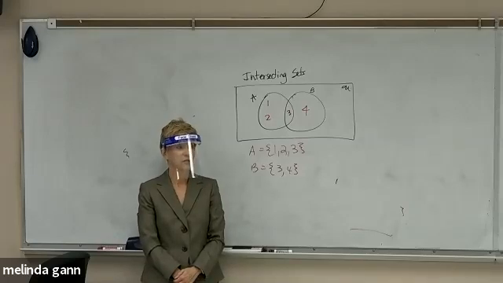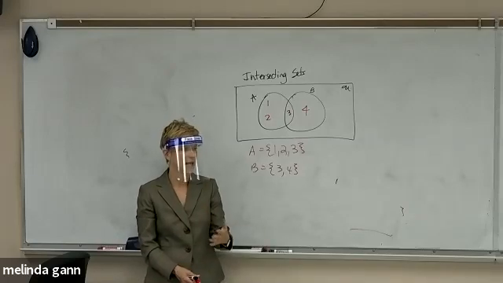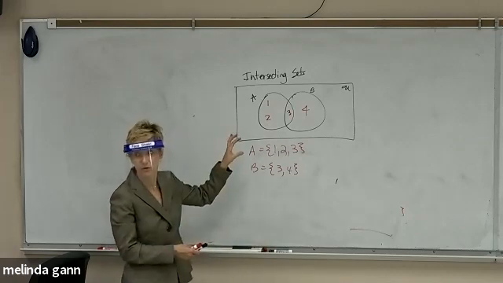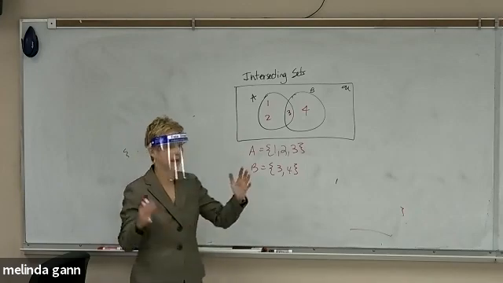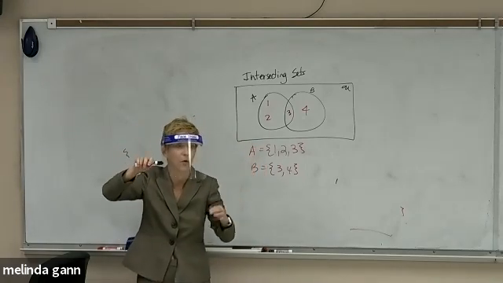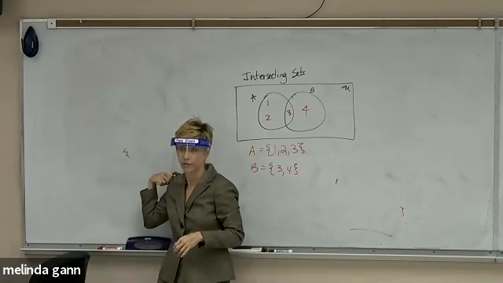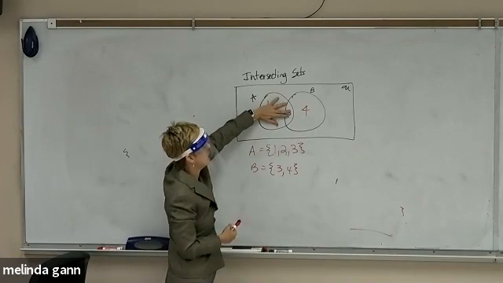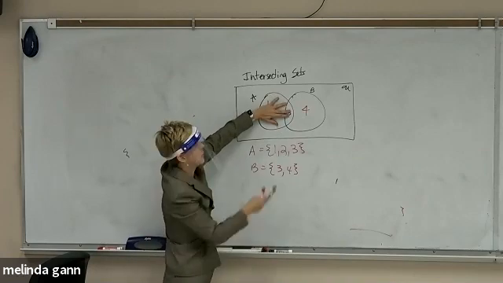Now, do you understand that complement, if I said, what's the complement of A in this picture? That would be like I had a big piece of rectangular material and I cut circle A what? Out. So it'd be like you went to A and you covered it up. Is everybody with me? So 4 would be in it.